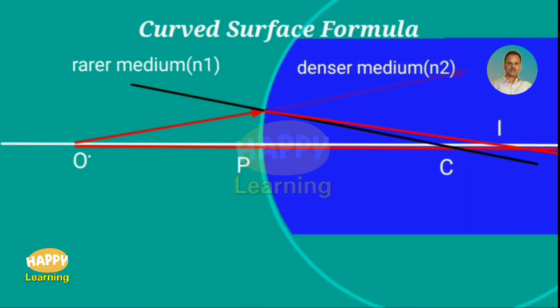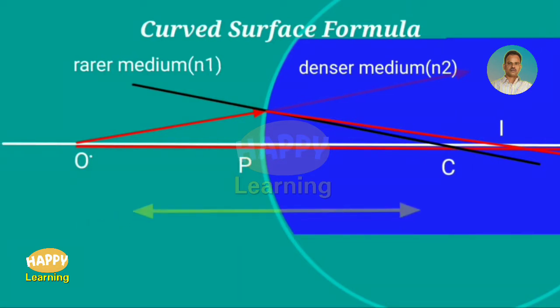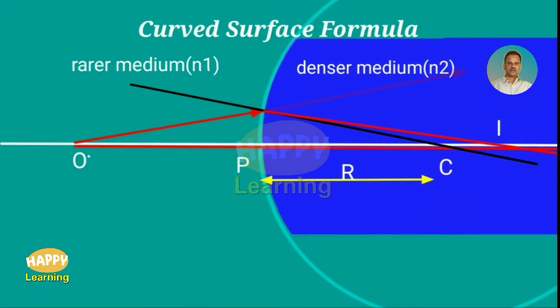Then the distance between pole and center of curvature, PC, is the radius of curvature.